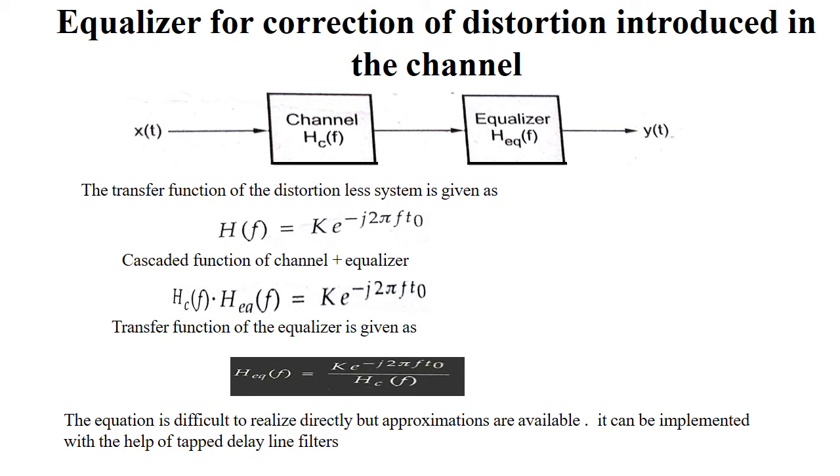So the transfer function of the equalizer is H eq of f equal to k e power minus j 2 pi f t naught divided by H c of f. This equation is difficult to realize directly, but approximations are available. It can be implemented with the help of tap delay line filters.